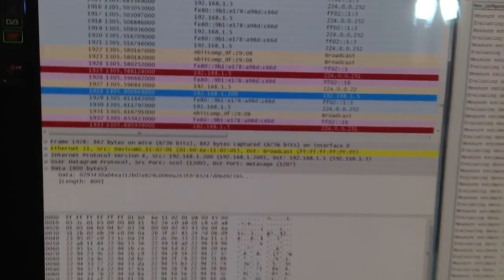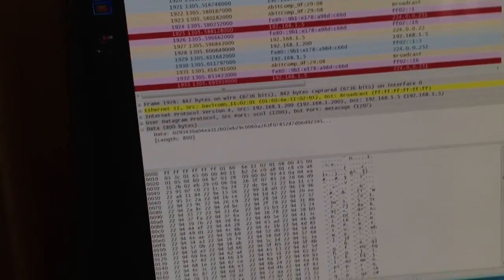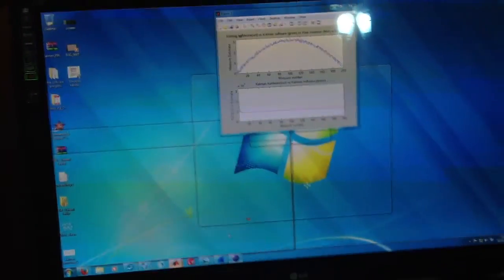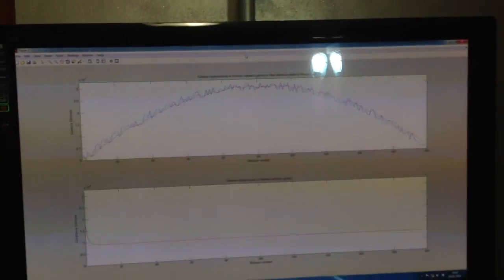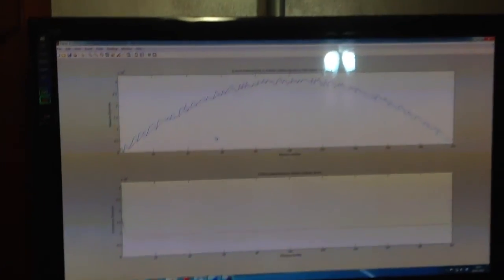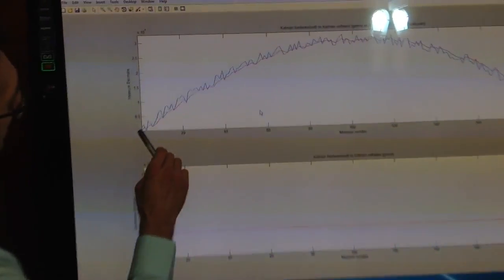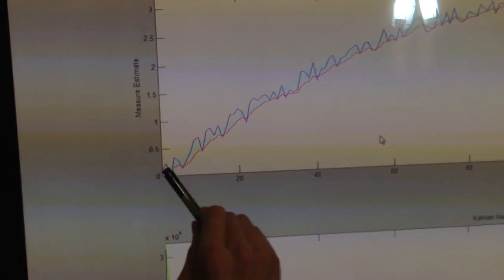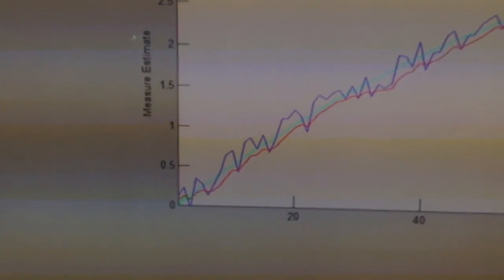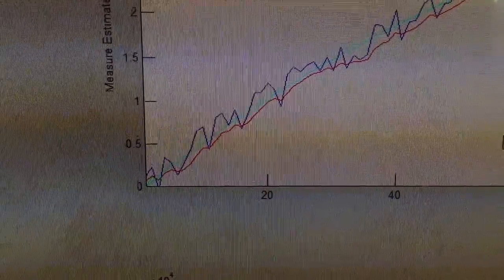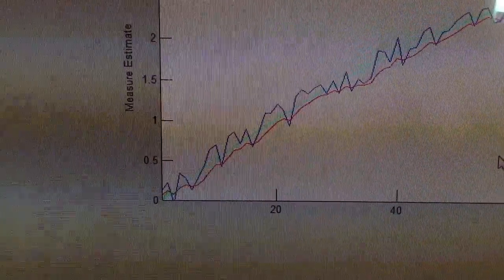Okay, now it says evaluation complete with success, and MATLAB can plot the results. In particular, we can see in light blue the ideal signal locally generated by the script.